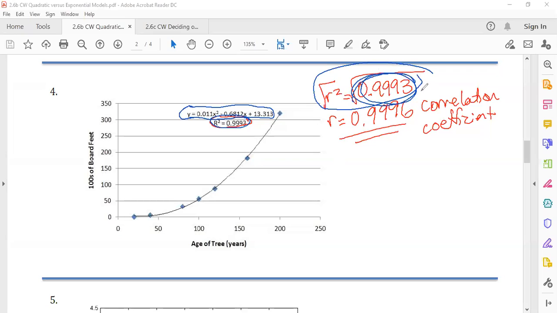The closer the regression is to 1, the better our function fits our data. So since R squared is also very close to 1, our function fits our data very well. So we can say that this is actually a quadratic model.